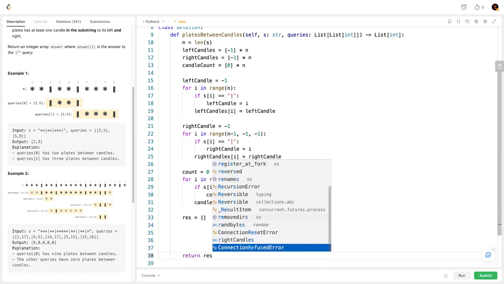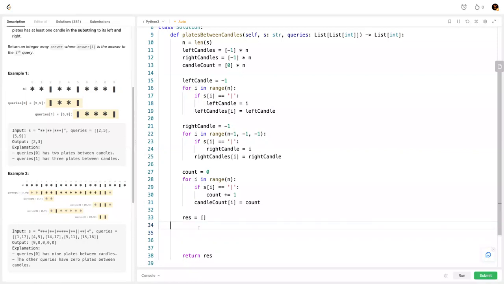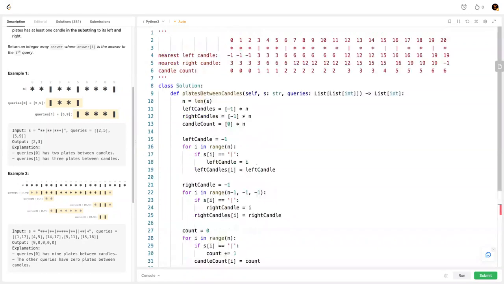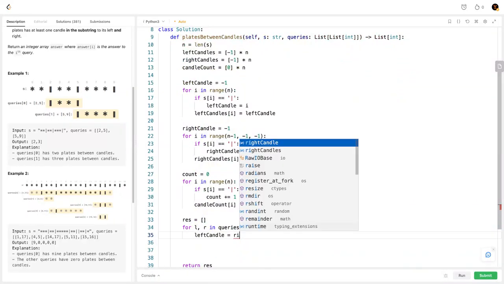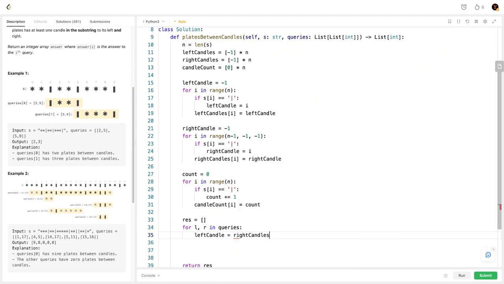So for each query in queries, so for left and right in queries, the left position and the right position in the query. So the leftmost candle would be the closest right candle for the left position, so right candles at the left position.